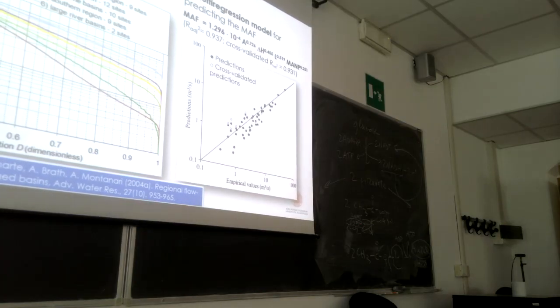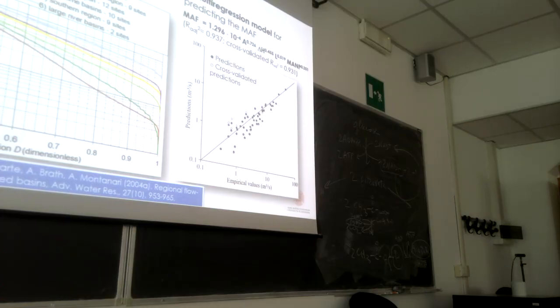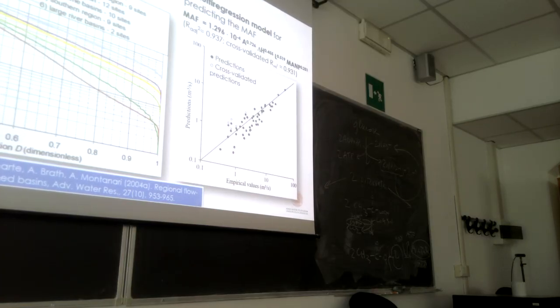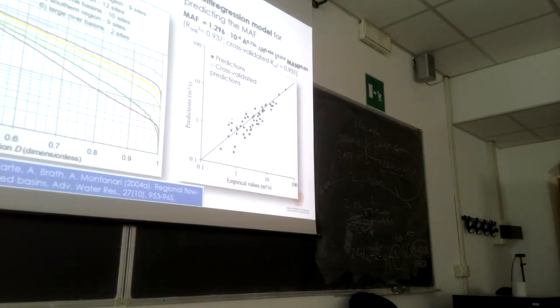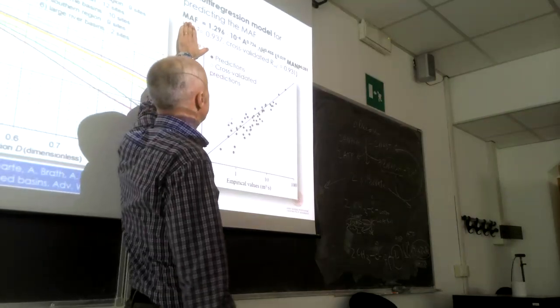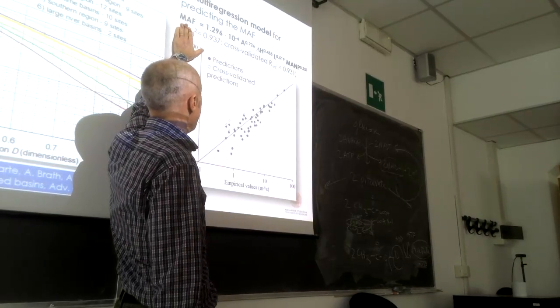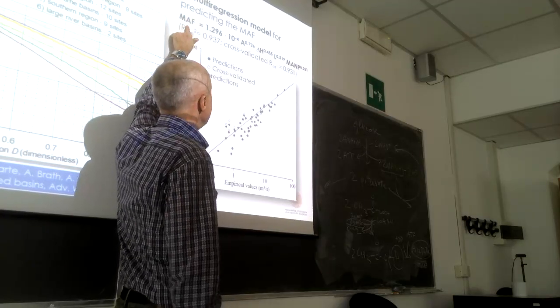So during the study, we set up multiple regression models that predicted mean annual flow as a function of several catchment descriptors: area, elevation difference between average elevation and elevation of the outlet, the length of the main channel, and the mean annual net precipitation, in millimeters, kilometers, meters, square kilometers, cubic meters per second.